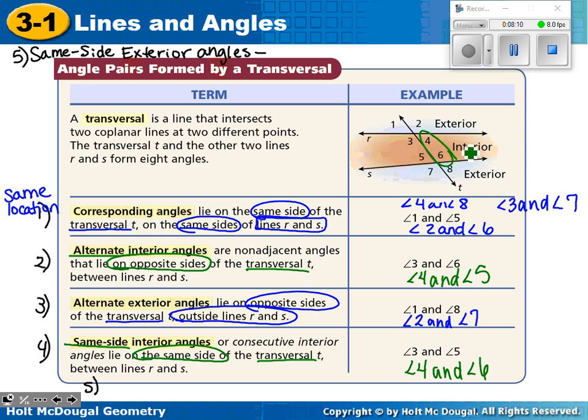And then we're going to add in the one the book skips, which is the same side exterior angles. The definition is basically the same thing. They lie on the same side of the transversal, but this time they're going to be outside the lines.